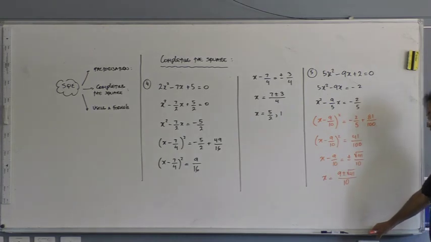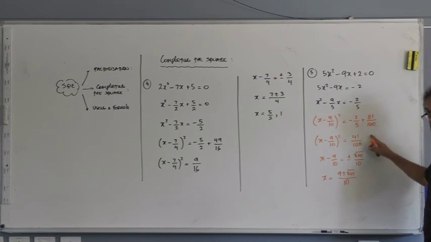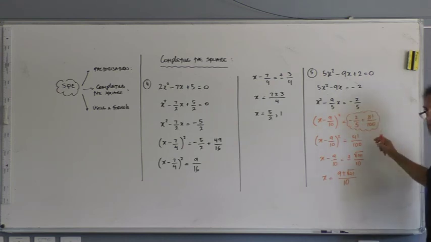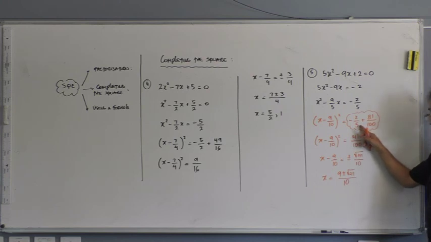If you got the same answer, then you should be very happy. Is that enough steps? I think that's right. Can you please double check and see if this is equal to 41 over 100?